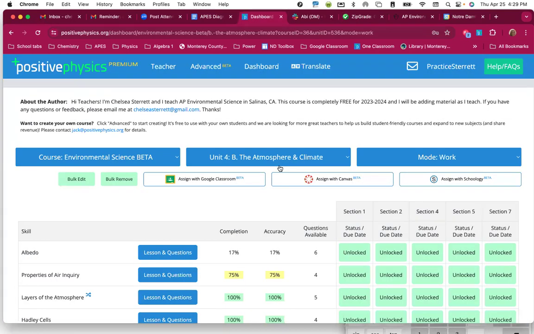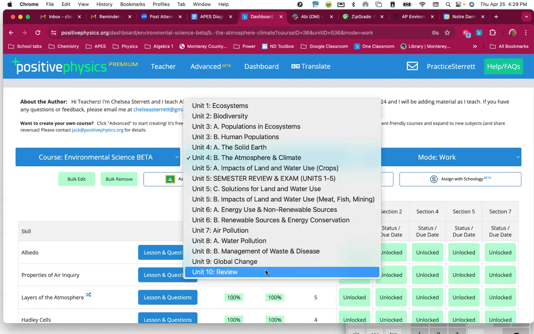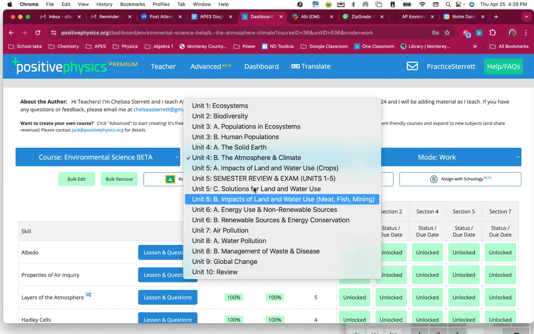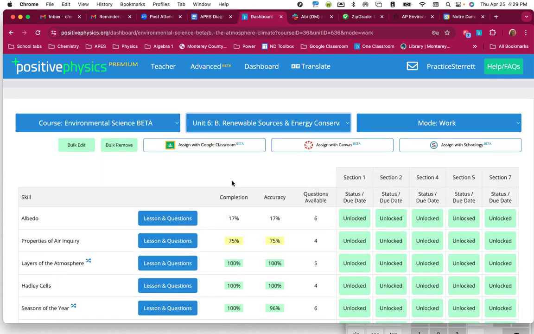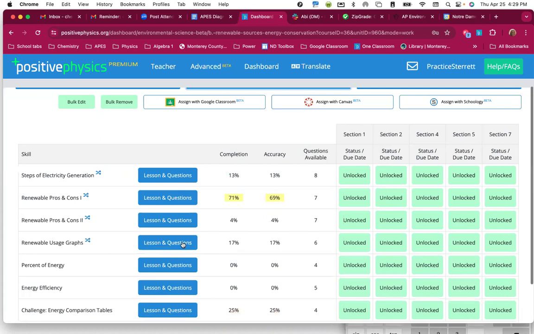So there's also within the review and within all of these units, conceptual things. One of the big skills, or probably the biggest skill for the whole AP exam, is environmental problems and solutions. So within all of the skills or units, but probably especially starting with unit 5.